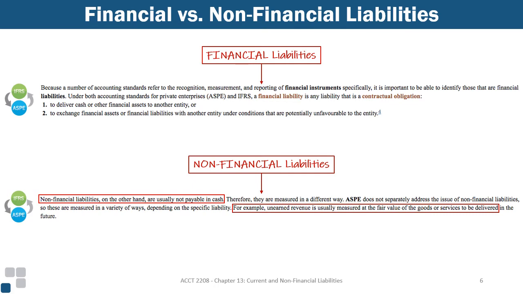It's only in the case that you don't do the work that you would end up giving the money back, but we classify that as a non-financial liability because you have an obligation to actually perform a service or provide a good. So that's the simplest example if you are ever asked, financial versus non-financial liability. A financial liability is accounts payable, income tax payable, royalties payable, anything that you have to pay in cash, and a non-financial liability, unearned revenue, is a really good example.